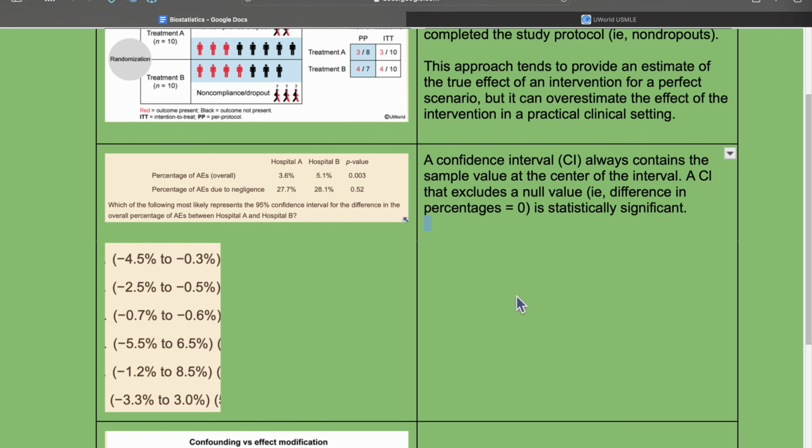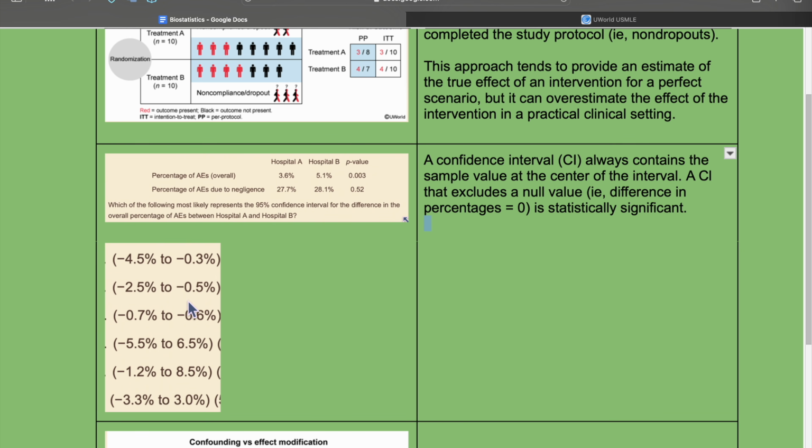We want it to be in the middle, right? So this is there, this is there. Yes, there's no 0, there's no 0. There is 0 included in this, so we can cross that out. There's 0 included here, we can cross that out. We can cross this out.